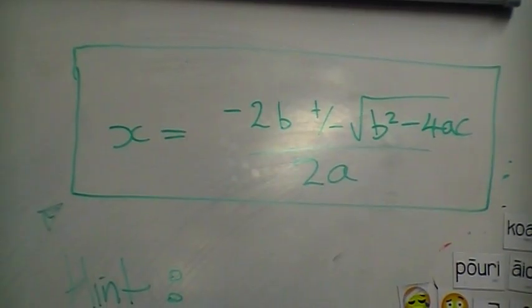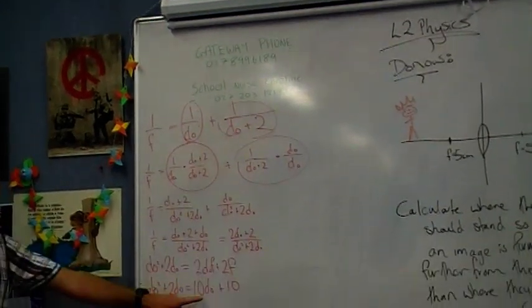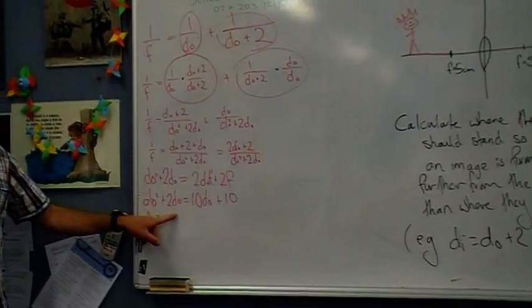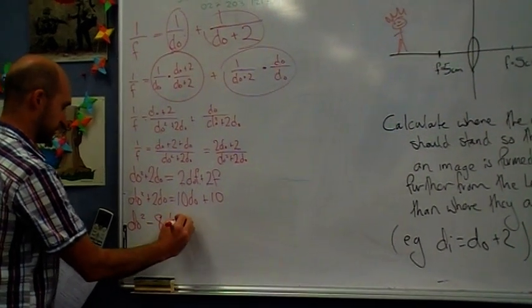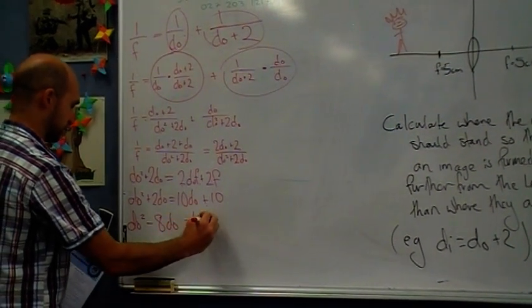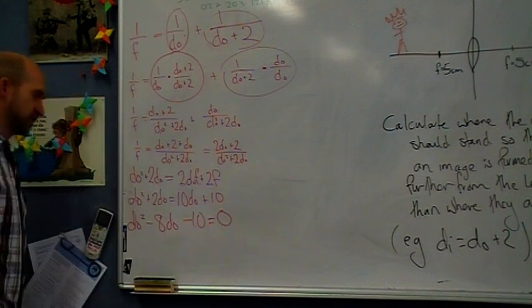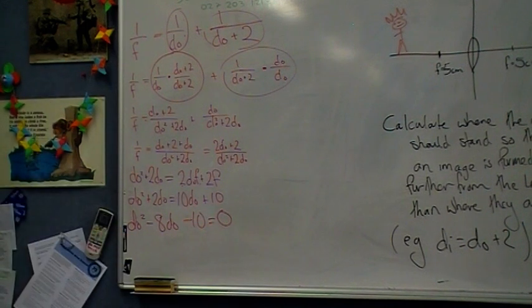So, do squared minus 8 do minus 10 equals 0. And so we're looking for two numbers that we can add together to get negative 8, or multiply together to get negative 10.